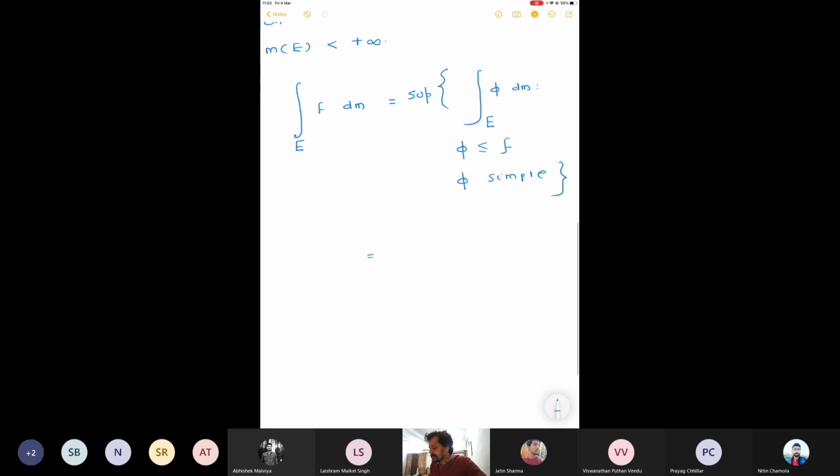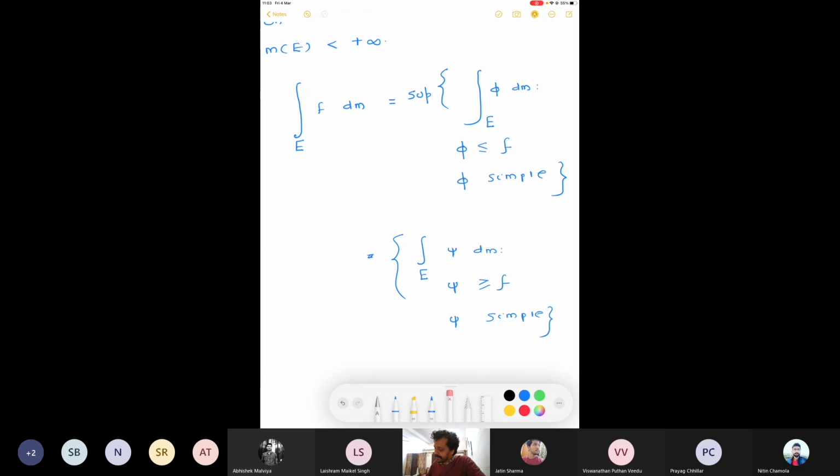Or you can also do this in the following manner. You integrate simple functions psi where psi is greater than or equal to f. We know how to integrate simple functions. So this is an overestimate for the required integral, and you make this overestimate better by taking the infimum.